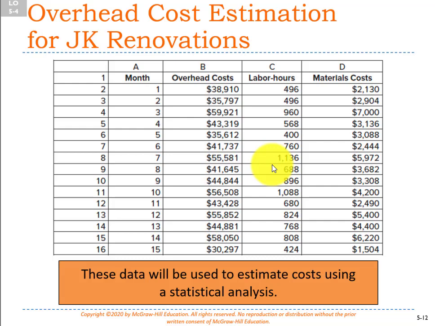So our overhead costs depend on our labor hours. Or maybe they depend on our materials costs. So that when we have more labor hours, we have more overhead costs. Or perhaps the situation is where we have more materials costs, we have more overhead costs.